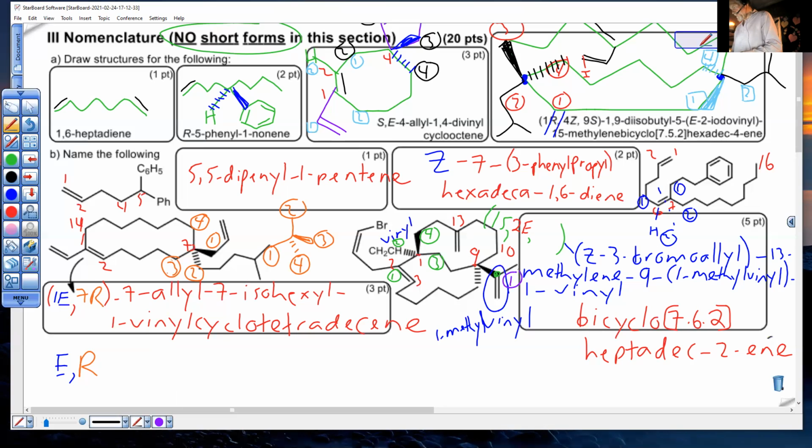C with nothing but bonds to C. This CH2 goes to another CH2, goes to a branched C. This CH2 goes to another CH2 that doesn't go to a branched C, goes to another CH2, which then goes to a branched C. And 4, already on a dash, has so many CH2s compared to the other ones. And this one's going to be as is, R. 9 is R, because the 4 is already on a dash.